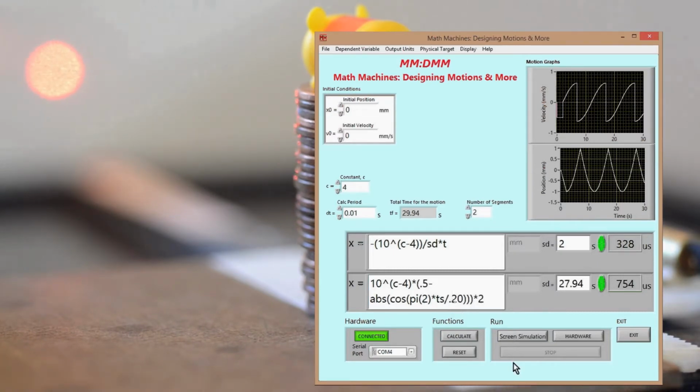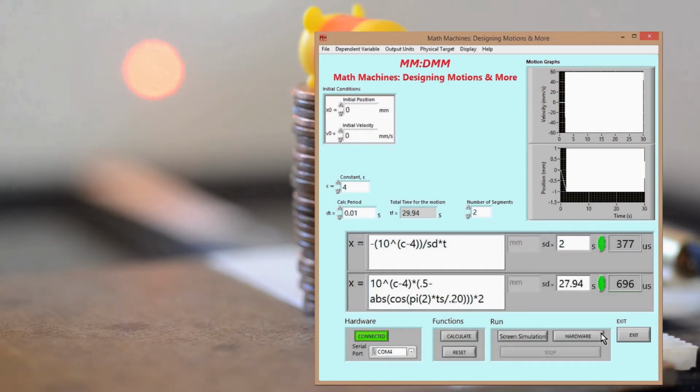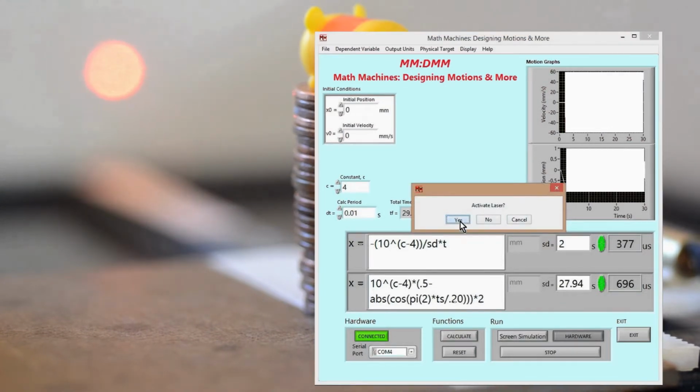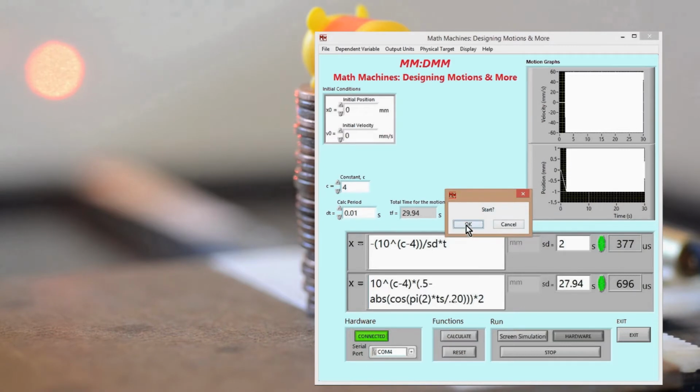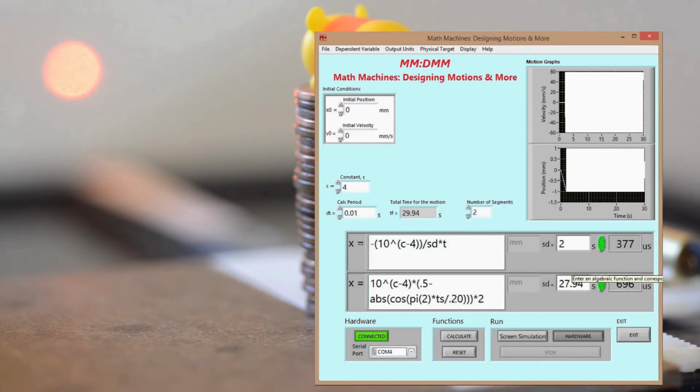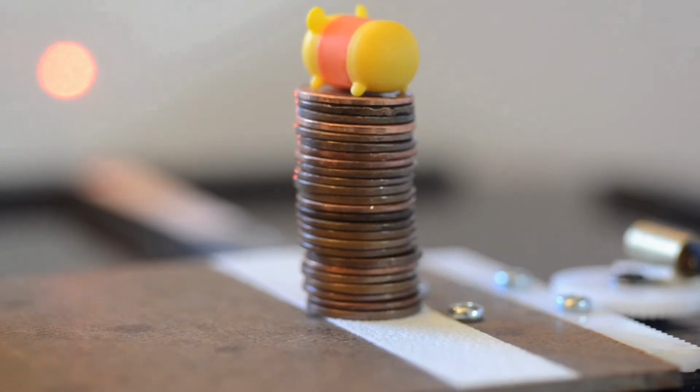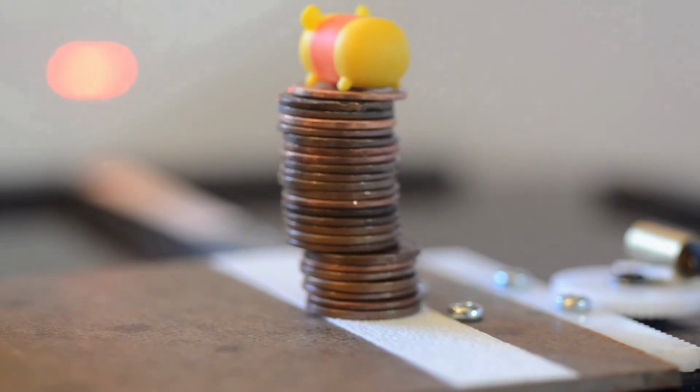Okay, that doesn't seem to be working either, but maybe we just made a mistake with a decimal point. What if we change the period of the vibration from 20 seconds to 0.20 seconds? That does increase the maximum velocity and decreases the time per cycle, and it also lets us fit more vibrations into the 30 seconds we've allotted ourselves.